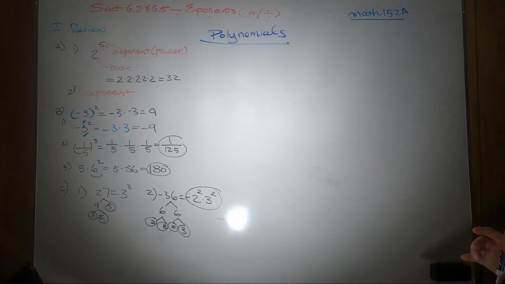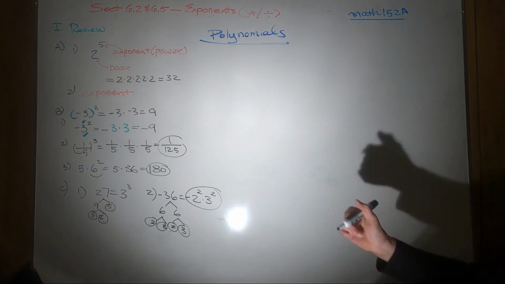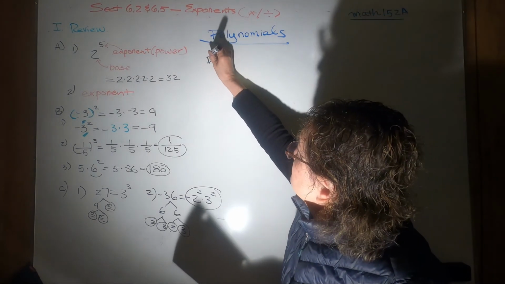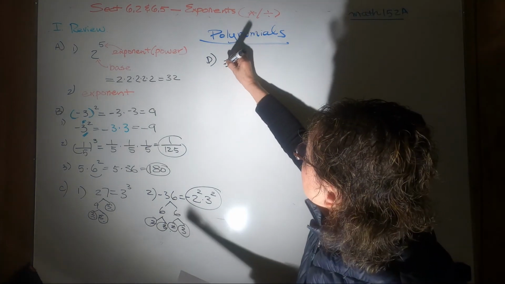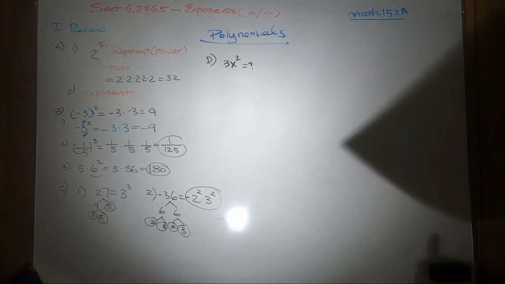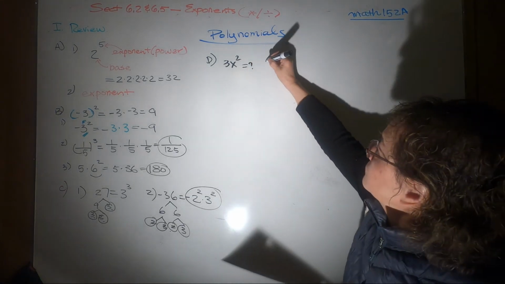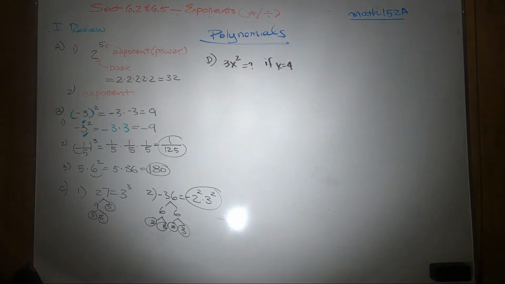All right, then let's see how we are going to deal with variables. Okay, if we say 3x squared, what kind of value? If x is 4, what do you need to do?